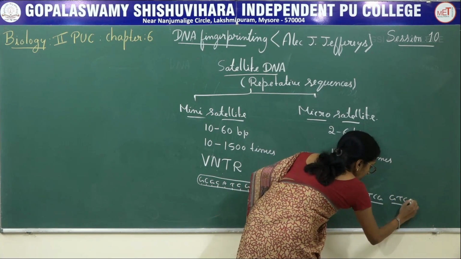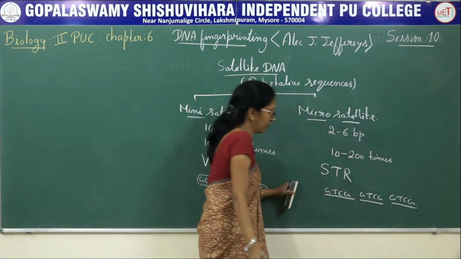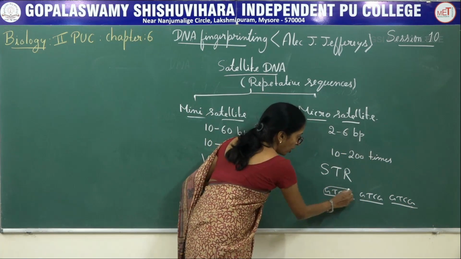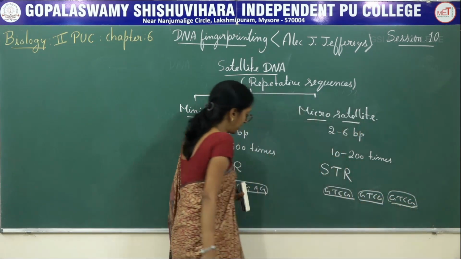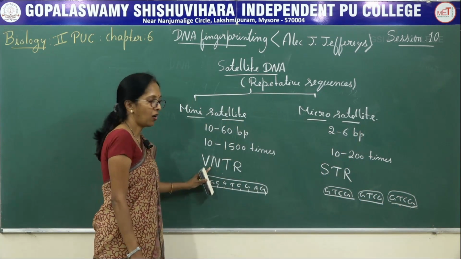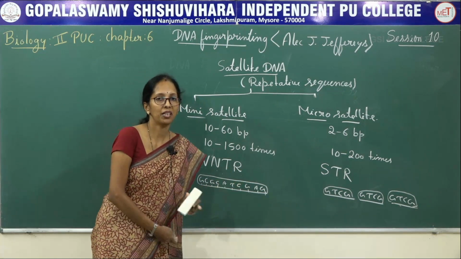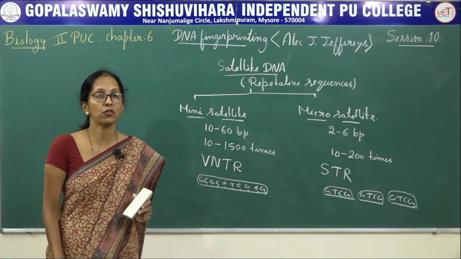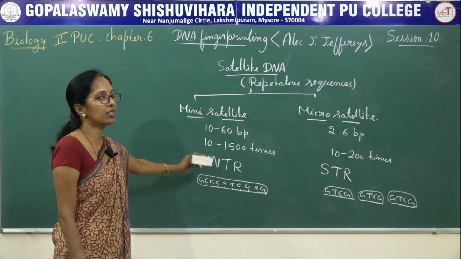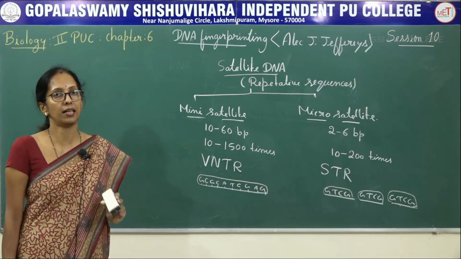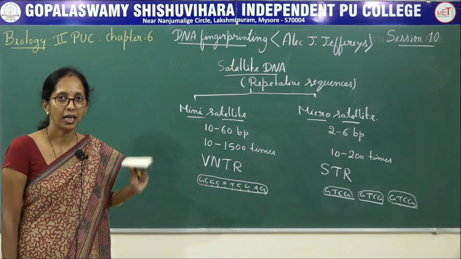This is about short tandem repeats. So these tandem repeats always vary from person to person. Because of these variable tandem repeats, in forensic science they identify individuals.